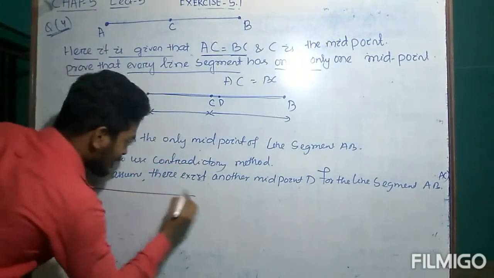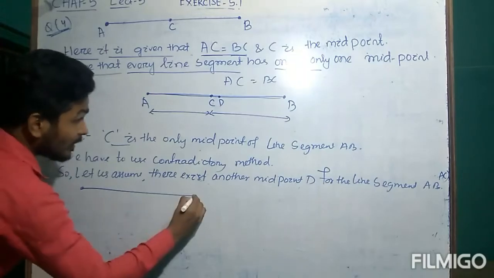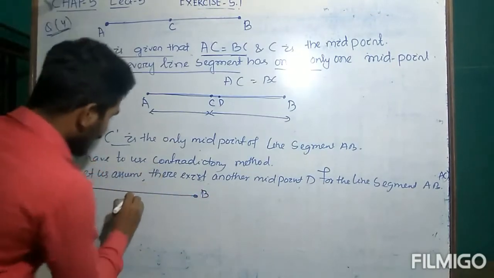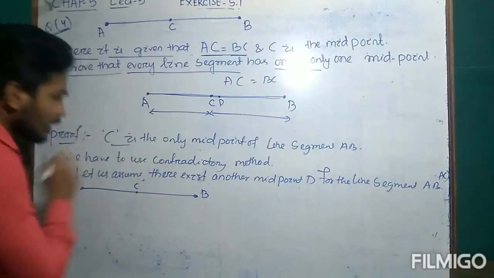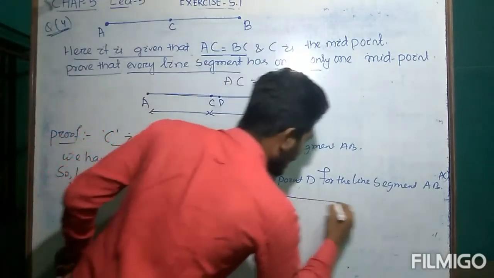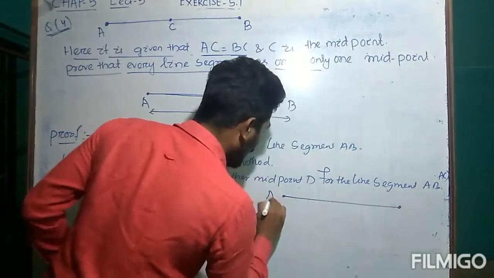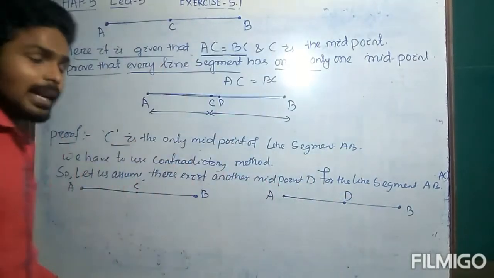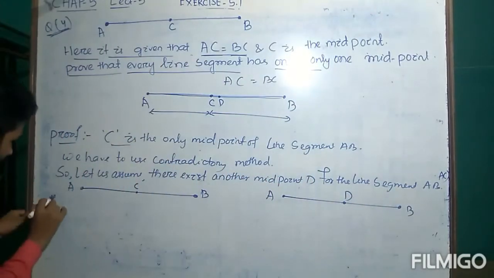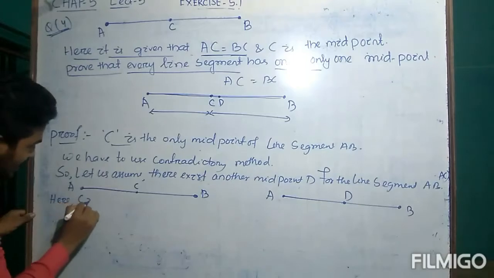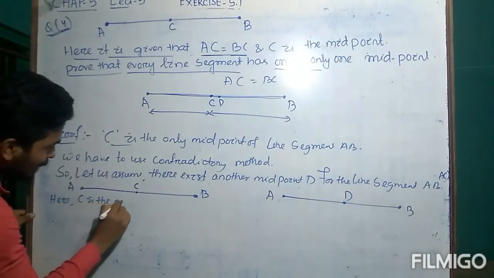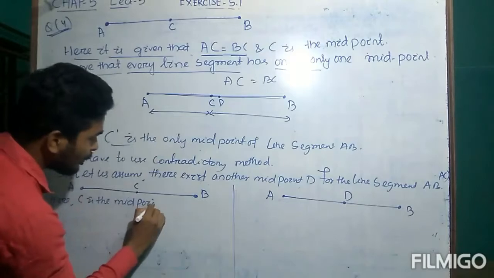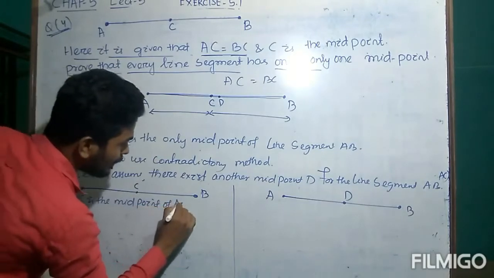First, suppose this is the line segment AB. It is given that AB has a midpoint C, but we have also taken that AB has another midpoint, that is D. So write here: C is the midpoint of AB.